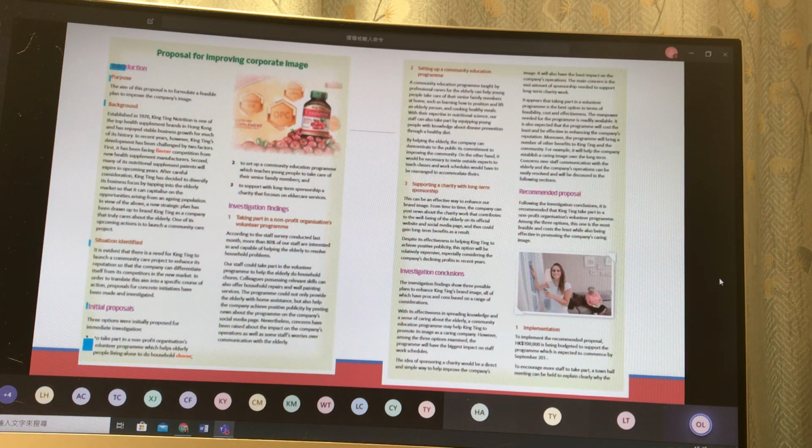It has the initial proposals 1, 2, and 3. Then the investigation findings, where it goes over the 3 initial proposals. The investigation conclusions is what we can learn from the investigation findings. And then our recommended proposal. Following the investigation conclusions, it is recommended that King Ting take part in the non-profit organization's volunteer program.